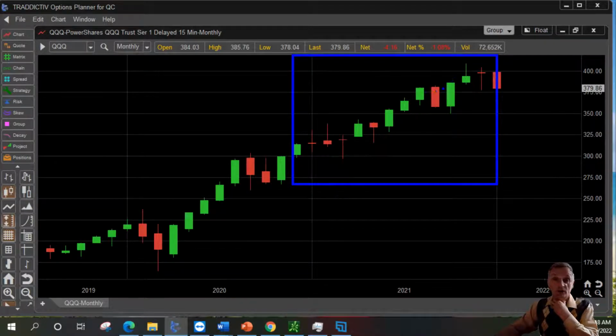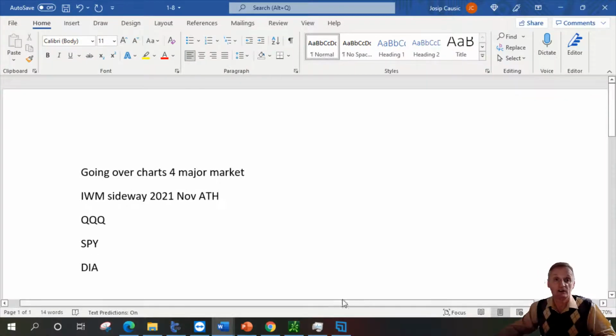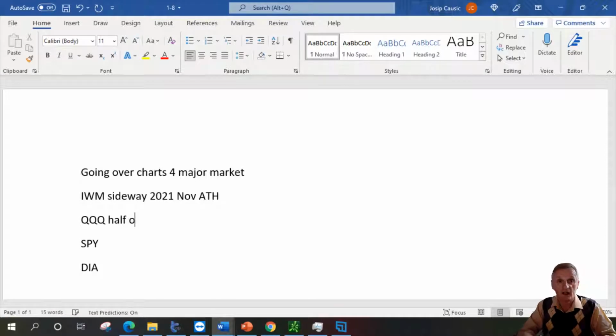October we took out the high of September. November, similar to what we have done on the Russell, we created the new all-time high, and then in December we actually went through the low of December. So what is that telling us? This is telling us very simply that the market is not in sync. The QQQ had red bars half of the year.